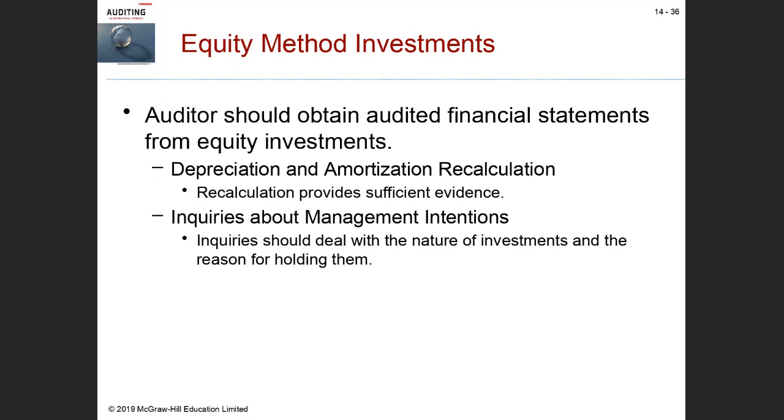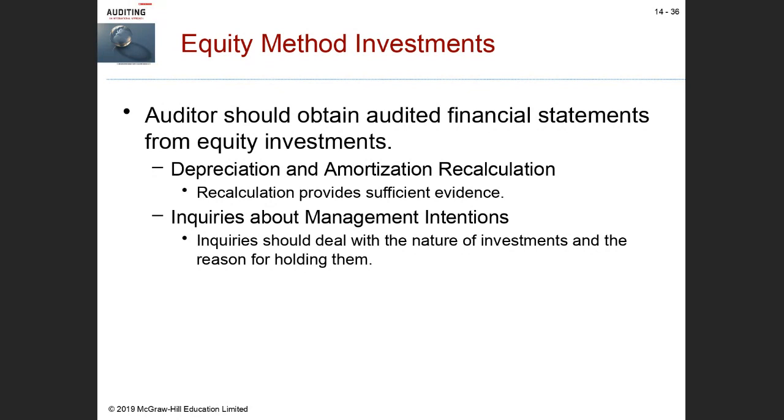It can be difficult sometimes to obtain those underlying financial statements, because maybe the auditor for the investment we have to look at is not the same auditor. So we might be KPMG, for example, while the financial statement we need is prepared by Deloitte.